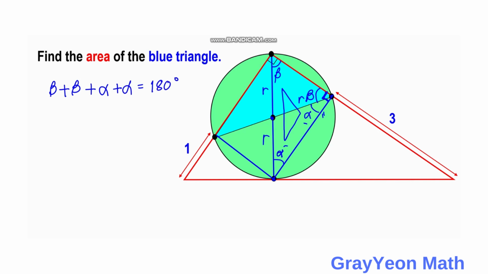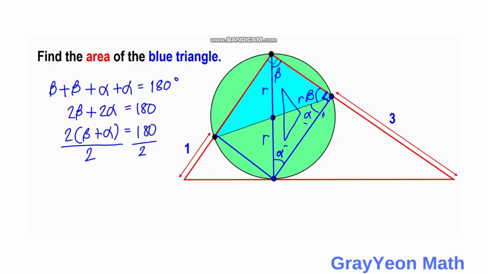So we can add this and say that 2 beta plus 2 alpha is equal to 180 degrees. We can factor out 2, so we have 2 times beta plus alpha is equal to 180. If we divide both sides by 2, we cancel this and we have beta plus alpha is equal to 90 degrees.